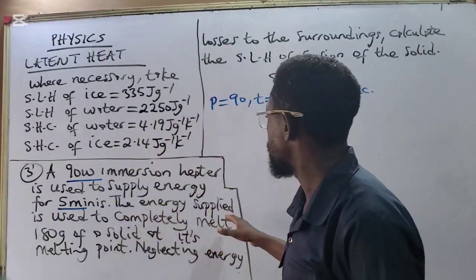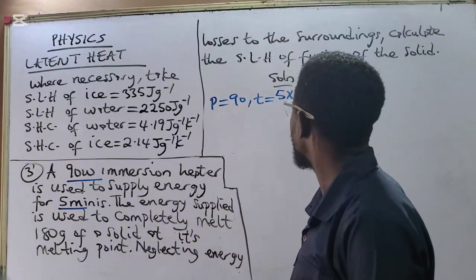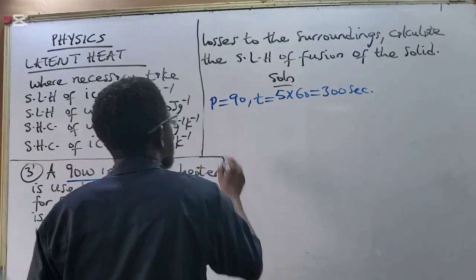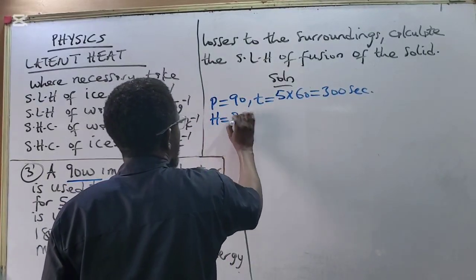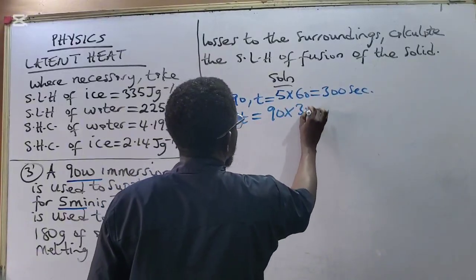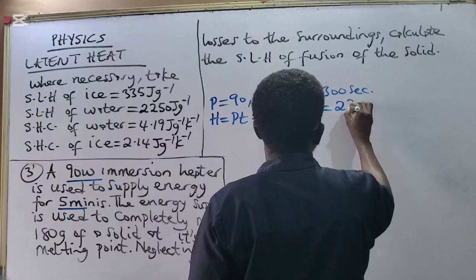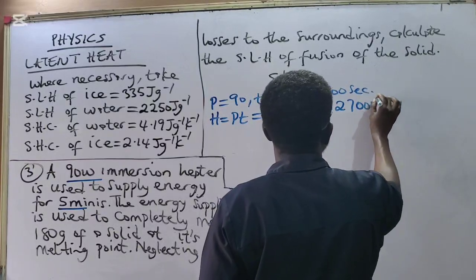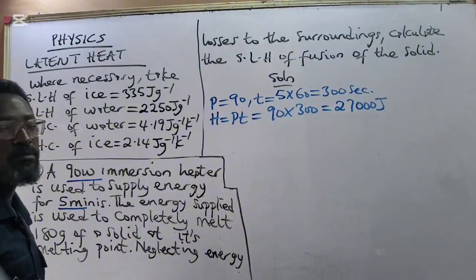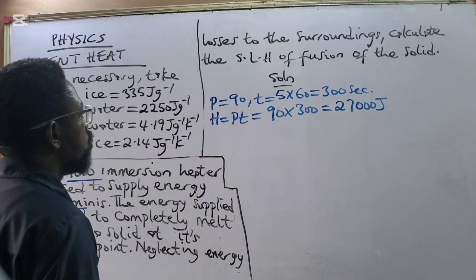First of all, what's the energy supplied here? The heat energy supplied is power times time, and that would be 90 times 300. That's the heat energy that was supplied. So that's 27,000 joules of energy.